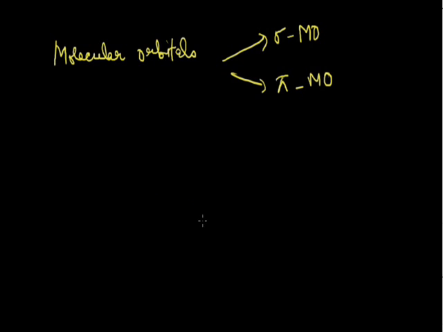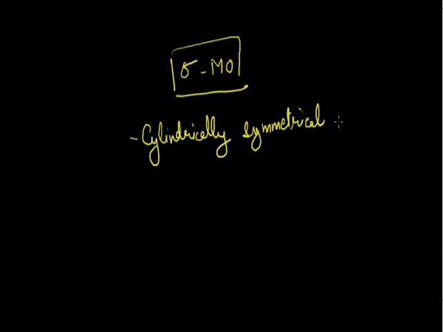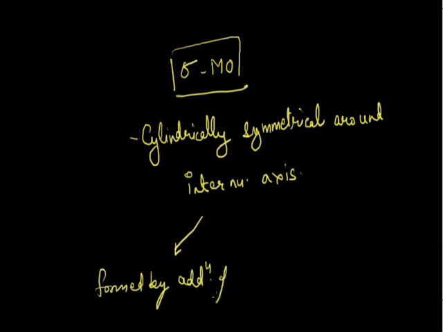Sigma molecular orbitals are cylindrically symmetrical around the internuclear axis. They could be formed by the addition of orbitals or by the subtraction of orbitals.